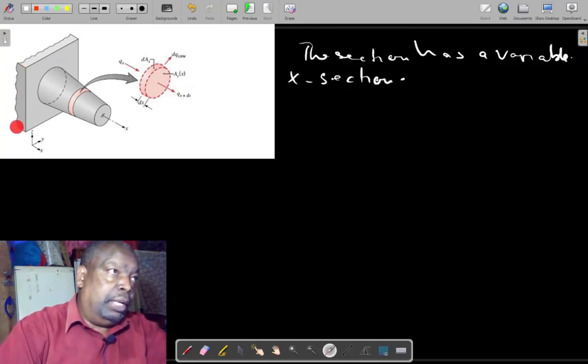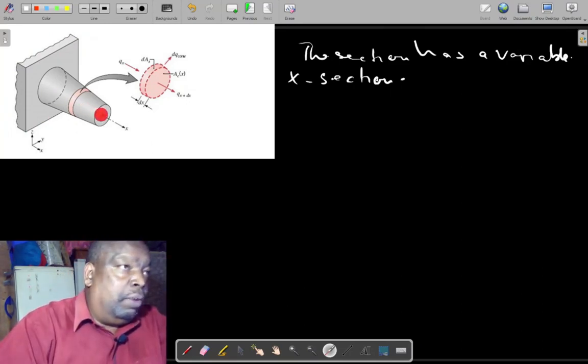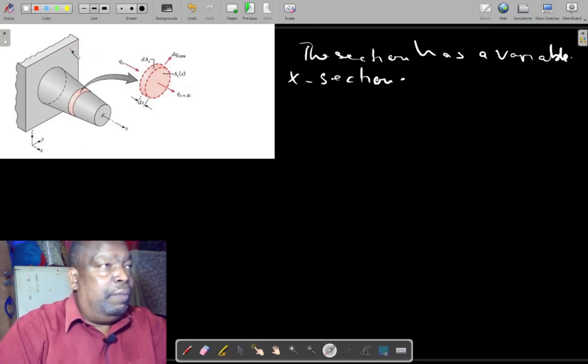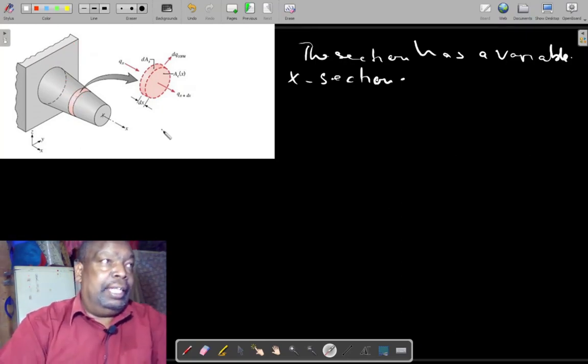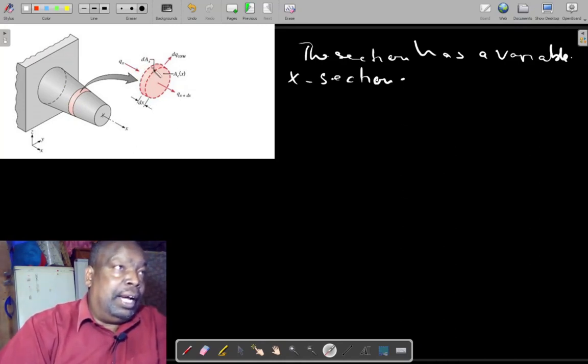Now supposing we have this as our main body from which we want to transfer heat. We have our fin there that has a changing cross-section, and we are taking an infinitely small section of that fin at a distance x from the main body, or from the root or the base of the fin, such that this small section has a thickness of dx.